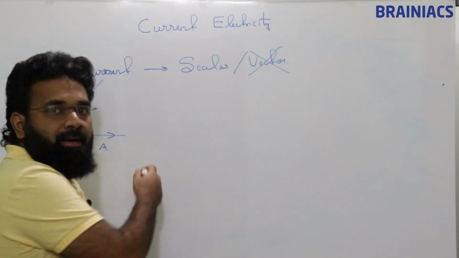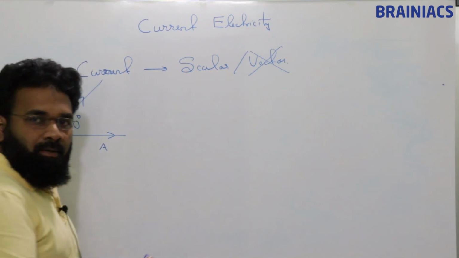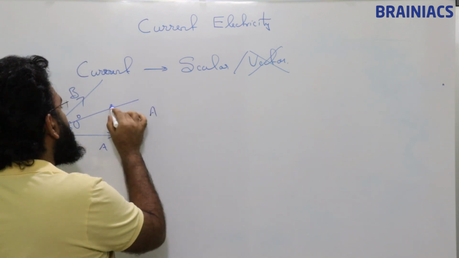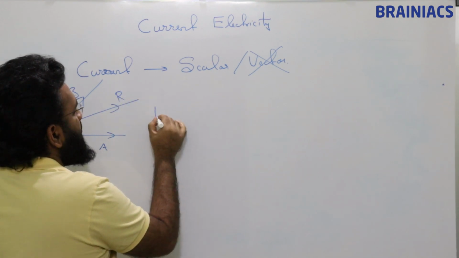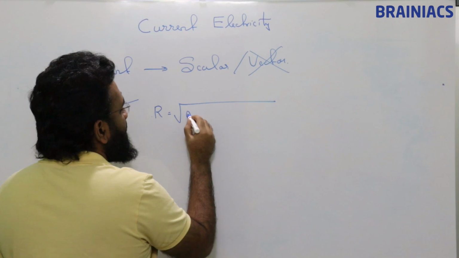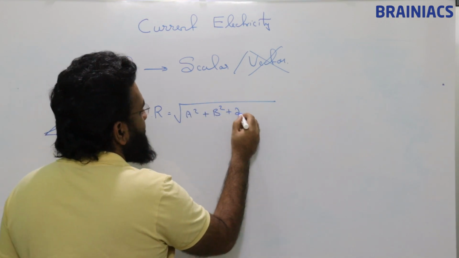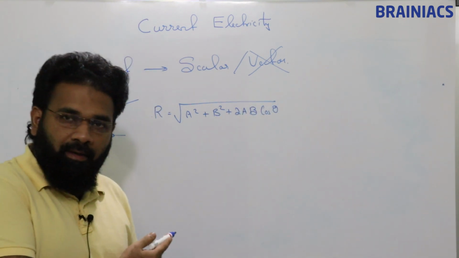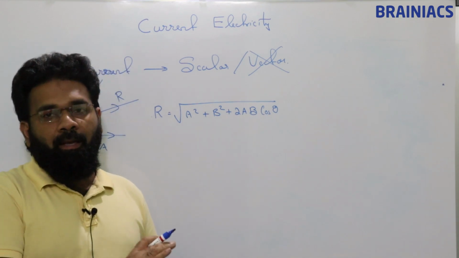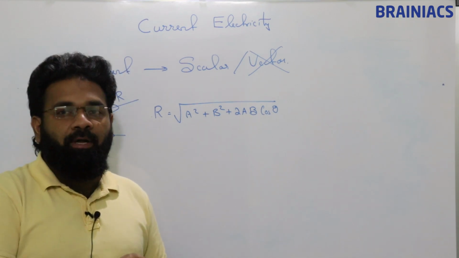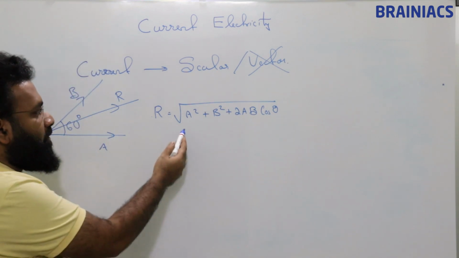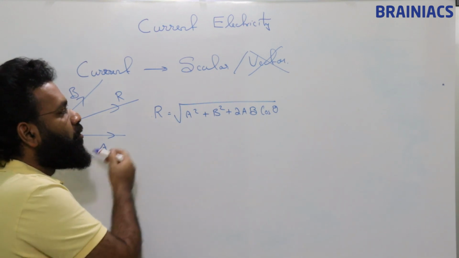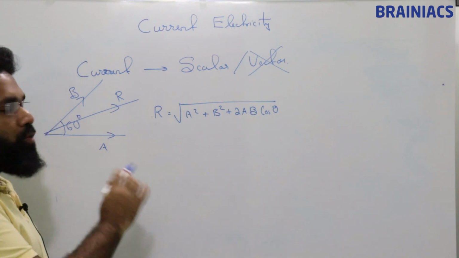The resultant R is equal to root of A square plus B square plus 2AB cos theta. We have studied this in vector algebra in motion in 2 dimensions in the first year, in the plus 1. If you remember this, well and good. If you don't remember, at least understand it now. The resultant of 2 vectors is root of A square plus B square plus 2AB cos theta.